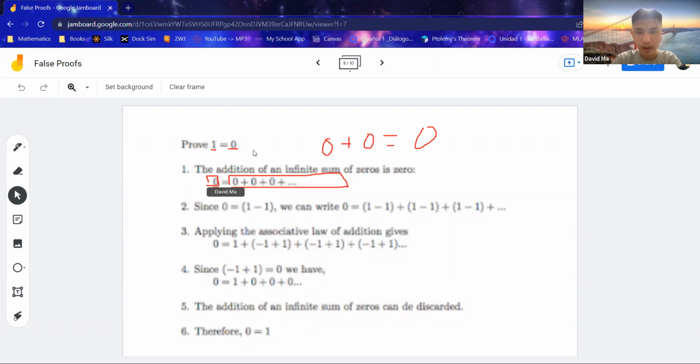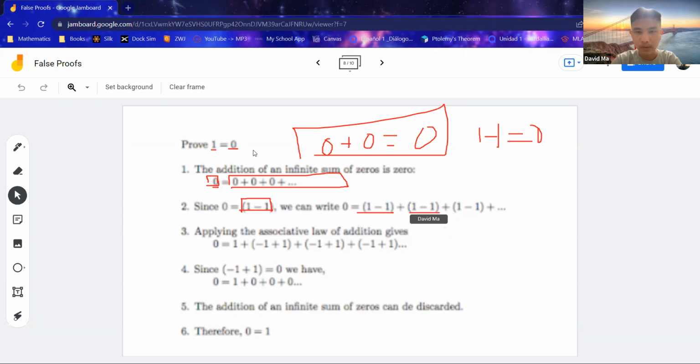We're just repeating this operation here. So since 0 equals 1 minus 1, we can all agree on that, right? We can write 0 as 1 minus 1 plus 1 minus 1 plus 1 minus 1, because essentially you're just replacing 0 in the equation here. 0 equals infinitely many zeros added up with this thing.